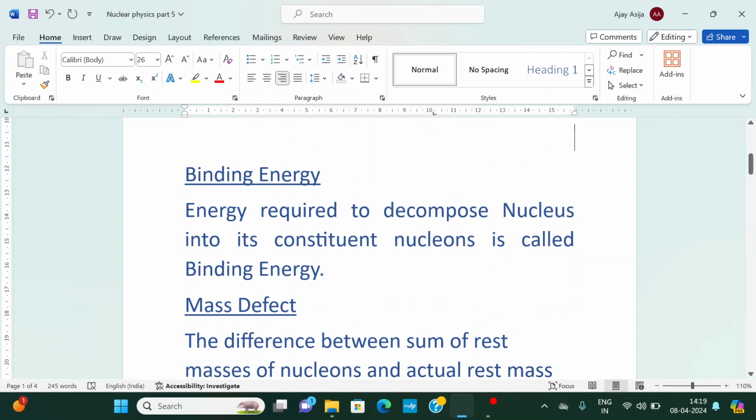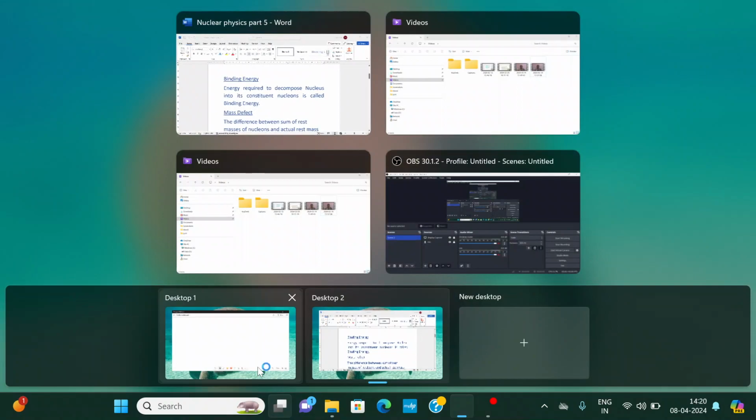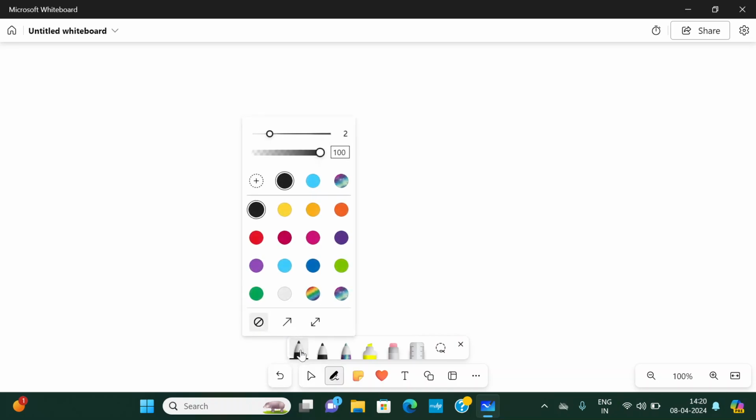Energy required to decompose a nucleus into its constituent nucleons is called binding energy. Let us explain this definition in detail so that you can understand it well. For this, let us consider we have two particles.